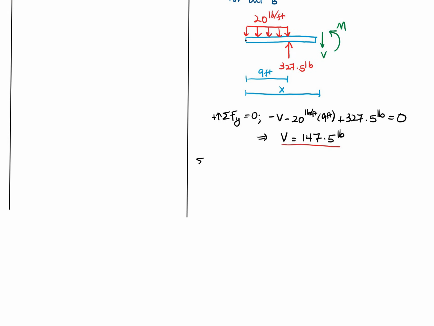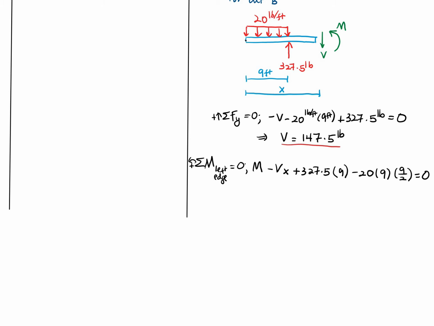Summing moment about the left edge equals 0, we have M going positive, right? So M minus V times x plus 327.5 times 9 minus 20 pounds per foot times 9 feet times 1/2 that distance.